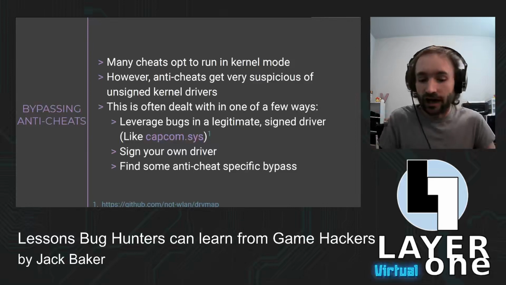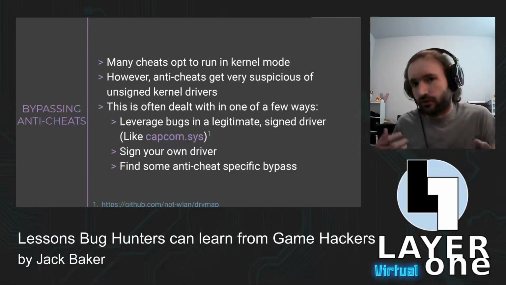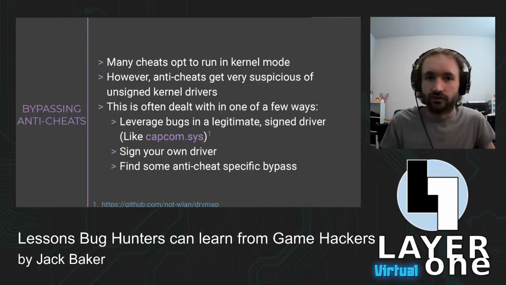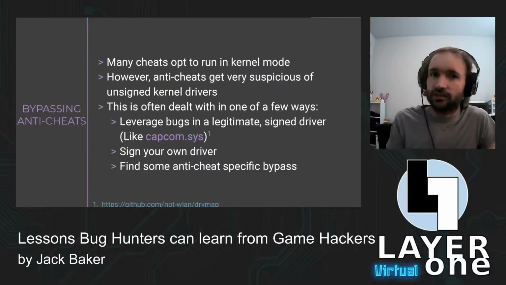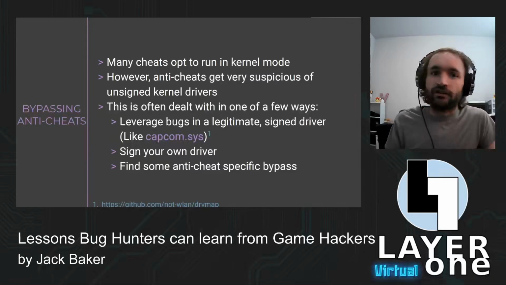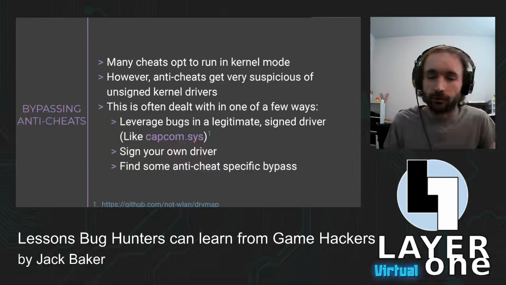What this allows those cheats to do is basically poke and prod at the game process without having to do the user mode level, like process injection sort of stuff, because user mode process injection is a little bit easier to catch, particularly if it's a known method. It's something that a kernel level anti-cheat is going to be pretty good at catching. So moving into the kernel gives cheats the opportunity to bypass that whole difficult part.